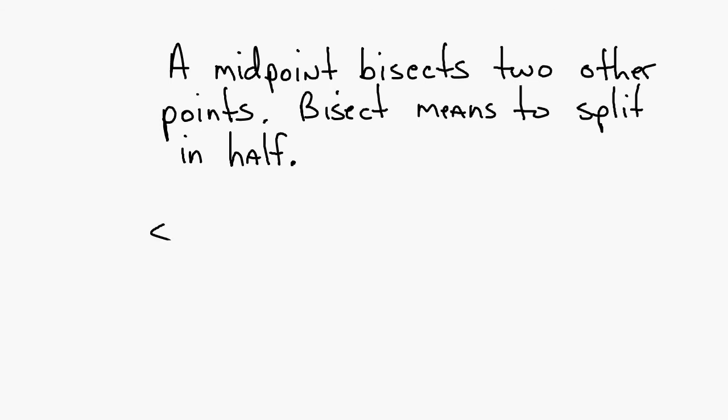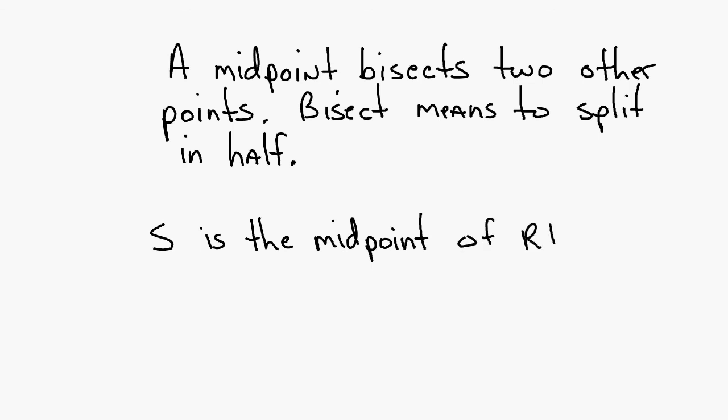So if you're told that S is the midpoint of RT, RS equals negative 2x.